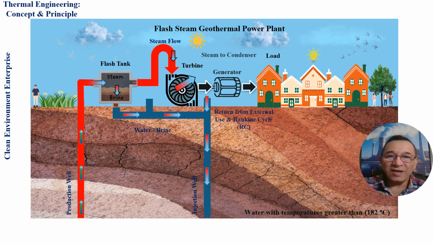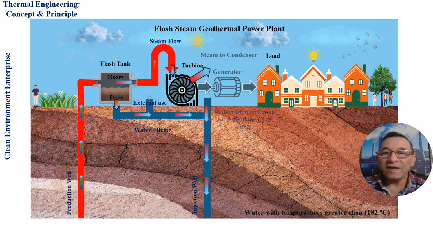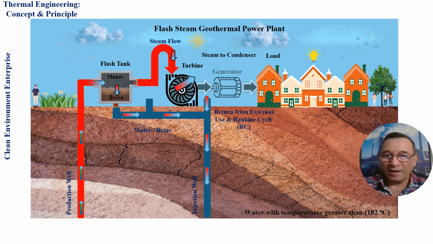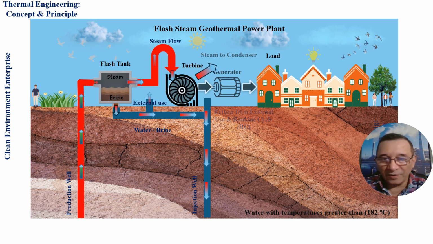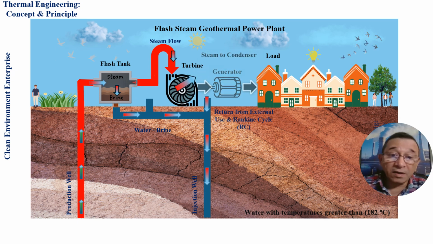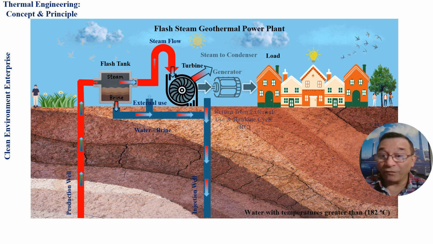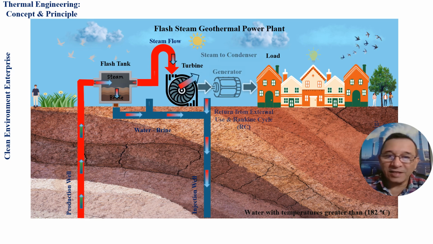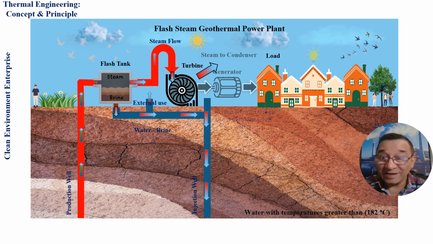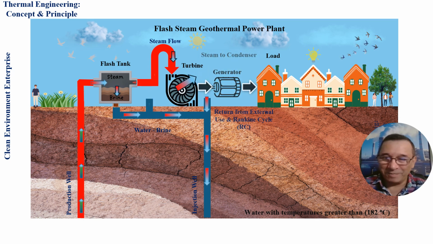In the flash tank, a separation process occurs, and the brine accumulates at the bottom of the flash tank to be returned to the injection well, or it may be used for external use, maybe to provide hot water. And the steam passes through the turbine, which is a part of the Rankine cycle, which has already been described in the previous episode.